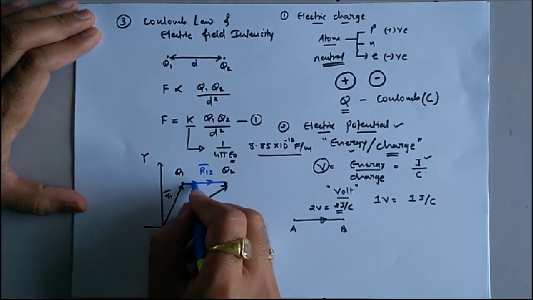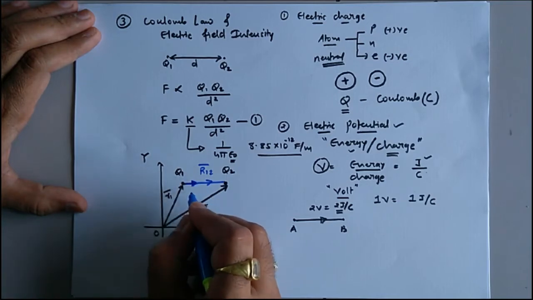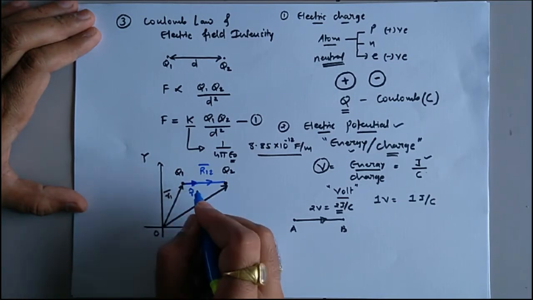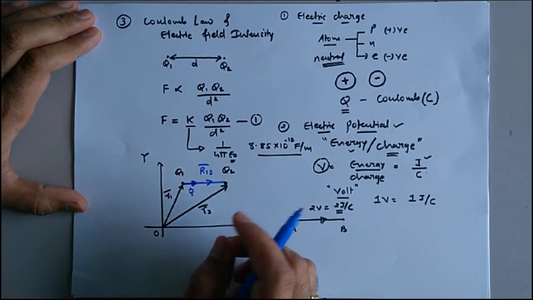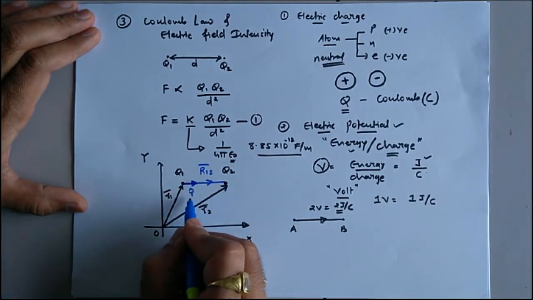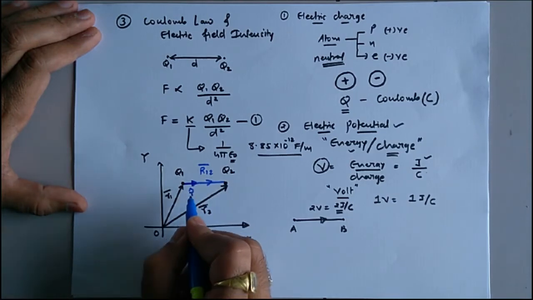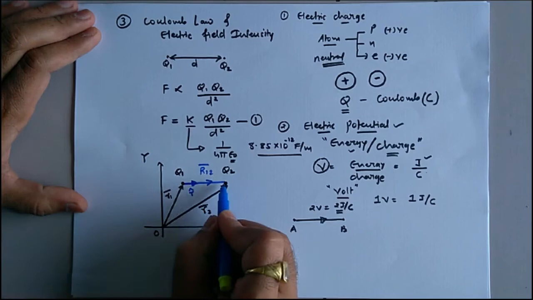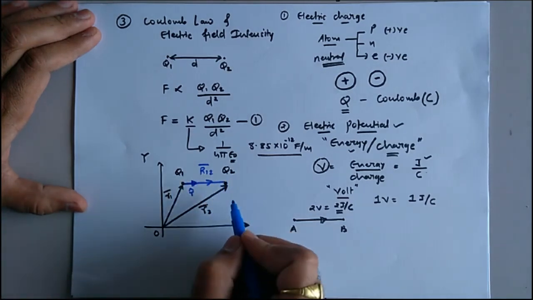Let this arrow indicate the direction of a unit vector along a line joining these two charges, indicated by the symbol small r cap. So small r cap is a unit vector along the line joining these two charges.